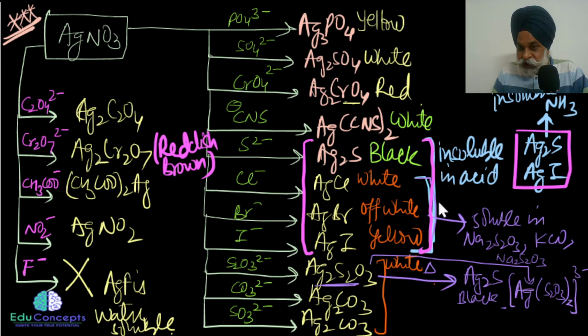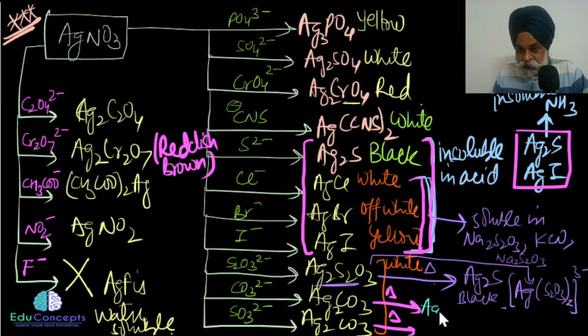AgCl, AgBr, AgI are soluble in hypo, KCN, and partially in ammonia. In ammonia, the solubility of AgI would be the poorest, and AgCl would dissolve more. And lastly, silver thiosulfate on heating gives a black precipitate, which can further get solubilized in this form. Now this again is quite an important one.